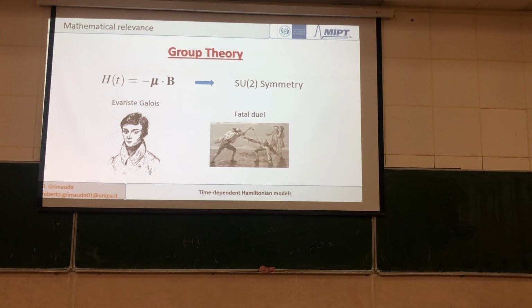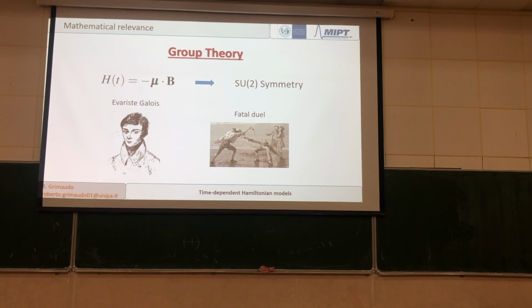For example, if we consider a 3-level system but with an SU(3) dynamics, it means that in this case our Hamiltonian cannot be written in this way, because this is a writing linear in the spin operators. For example, for a 3-level system, we can have the squares of Jx, Jy, and Jz. In this case, of course, the symmetry is not SU(2), but SU(3), and we need at least 3 parameters.